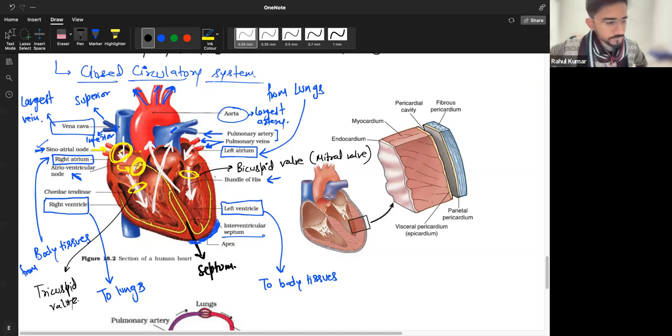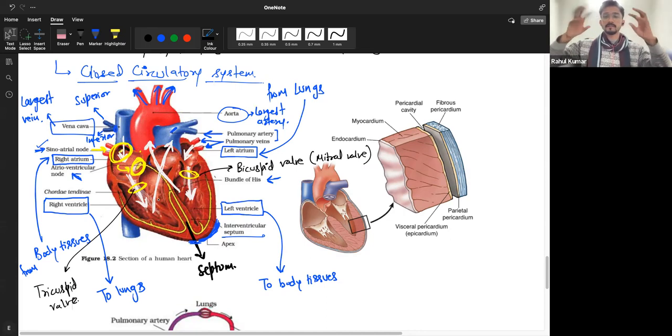Is it clear, everyone? Bicuspid and tricuspid valve. The whole function of the valve is the same. Function of valve everywhere in the body is the same, to prevent backflow. So when blood from the atrium went into the ventricles, now the ventricles will contract, and ventricles have to send blood.